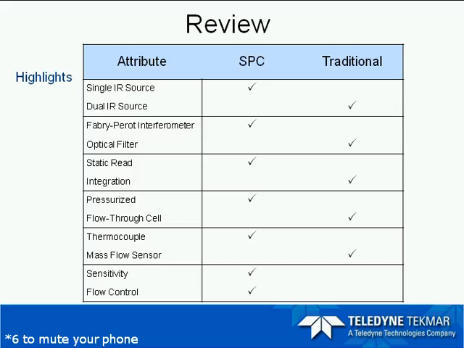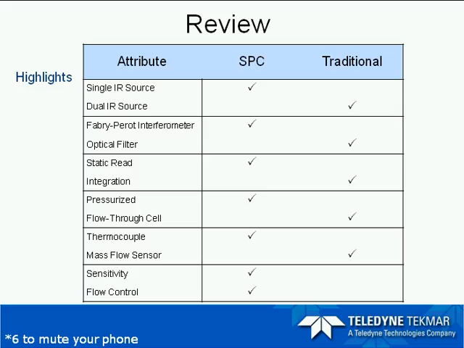Pressurized versus flow-through cell. Pressurized, again, you're getting lower detection limits and better LOQs, so you're getting better precision and are able to go down to lower levels. You have a thermocouple versus a mass flow sensor in the SPC versus the traditional flow-through cell detectors. These are about equal, but I thought it would be nice to mention them.